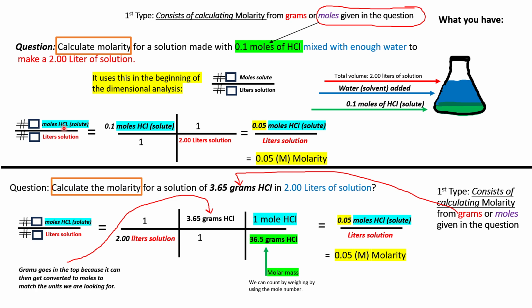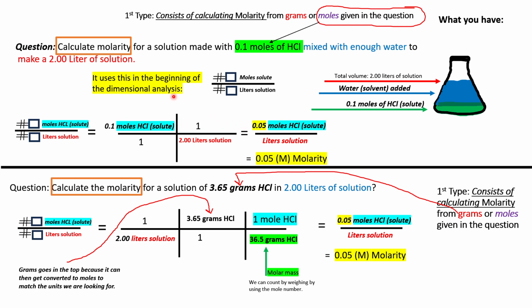So this right here is saying I'm going to have some type of number inside the box at the very end, of course, and I better have moles of hydrochloride. If not, that means I didn't do my dimensional analysis correctly. So I better have it somewhere here in the top.